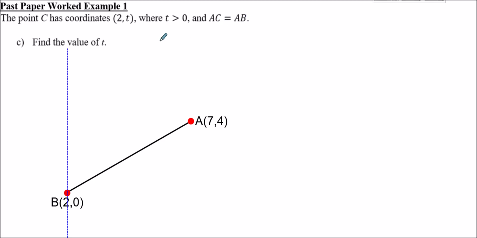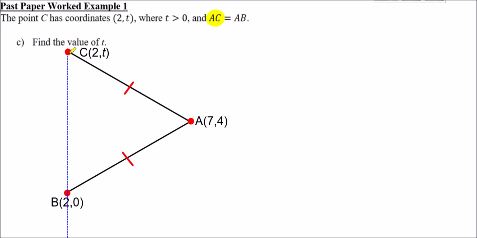So that tells us that C has to be somewhere up here. C is going to be here, and AC, this side, is the same as AB, which is this side. Okay, so that's how the sketch and just building it up step by step can really help us out.